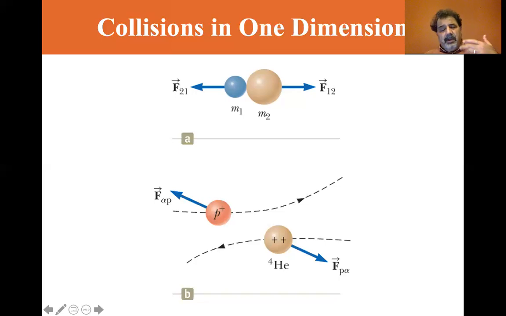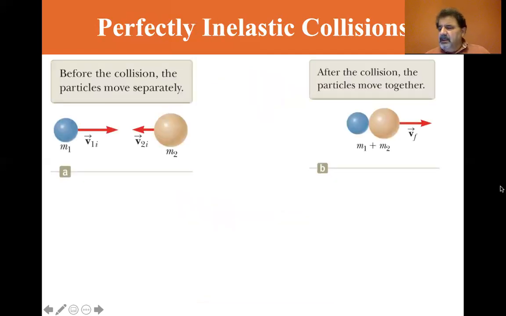Inelastic, where momentum is conserved but kinetic energy is not. And perfectly inelastic, where total kinetic energy is not conserved, momentum is conserved, and the items stick together. We're going to see that in the next slide.